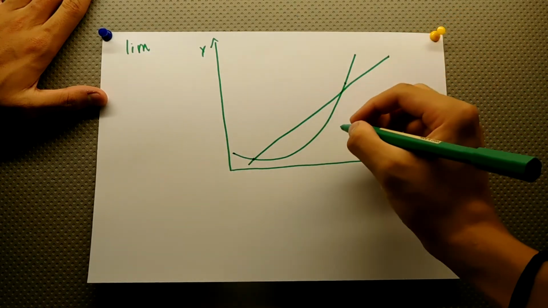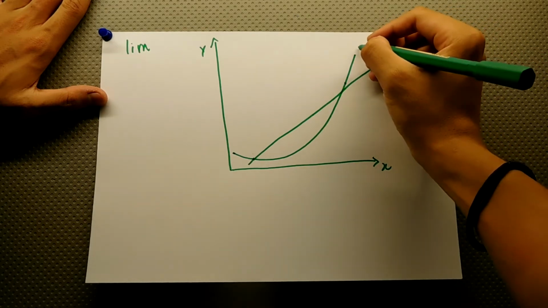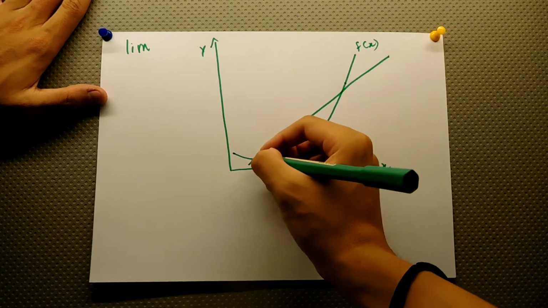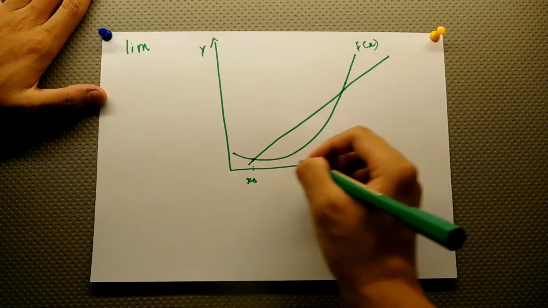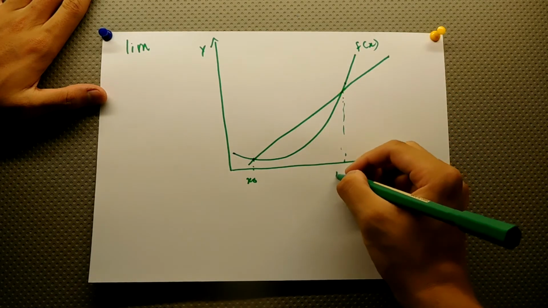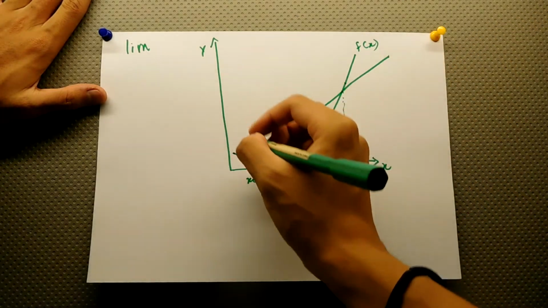Not very straight. We're going to name this f(x). We're going to name this point x0, and this point x0 plus delta h.